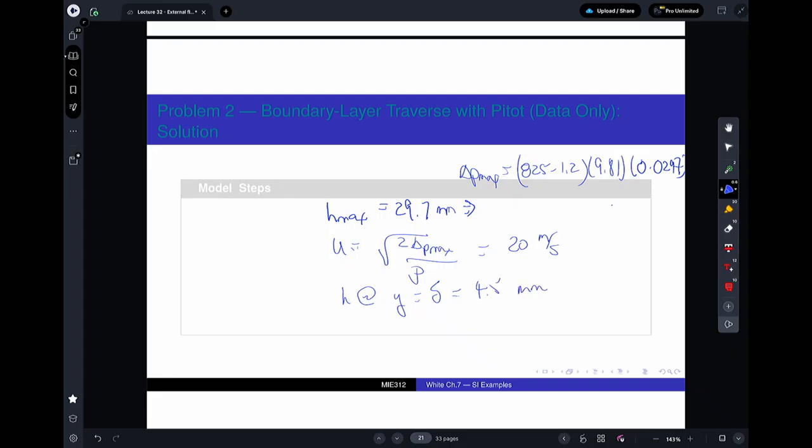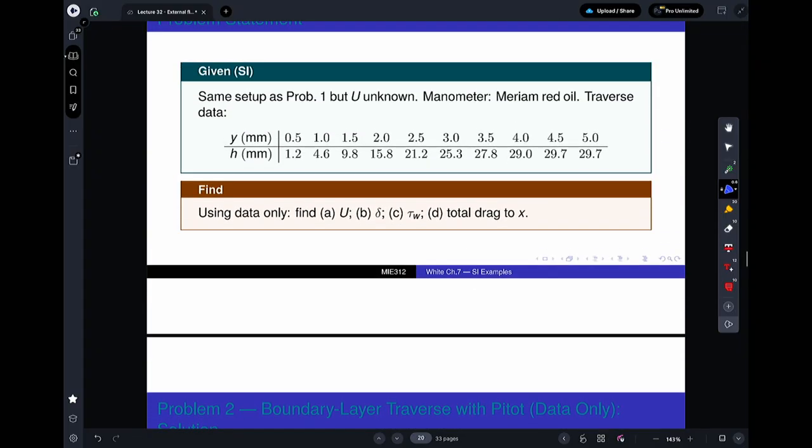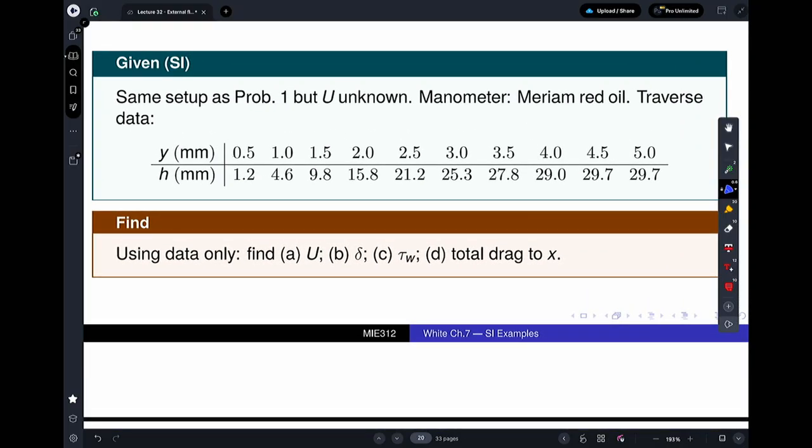Now, I can extract directly what the boundary layer thickness is because that's going to be pretty much 20 meters per second. That's achieved in the table by 4.5 millimeters.